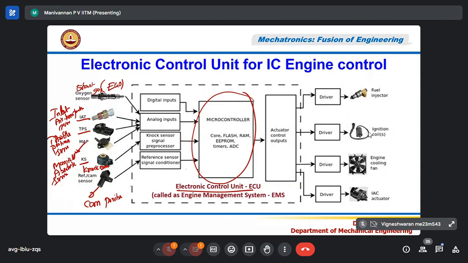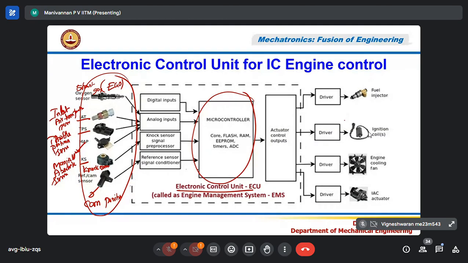Okay, you can see that the ECU in a typical engine may have a few of the sensors, and will not have all the sensors. Depending upon cost and what performance you need in the fuel injection system, you will have a few sensors, not all. But these are the important sensors, most widely used.